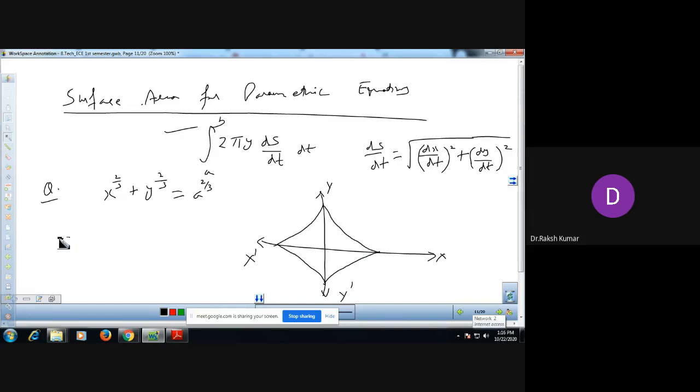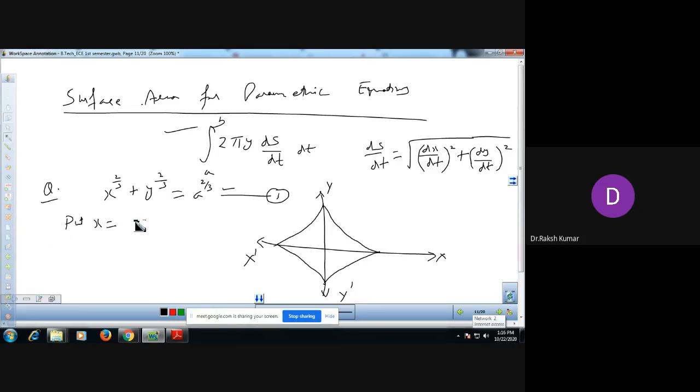in the first quadrant. This is the equation in Cartesian form, so name it equation number 1. You have to revolve it about the x-axis and find the surface area of the solid of revolution. But the question is in parametric form.